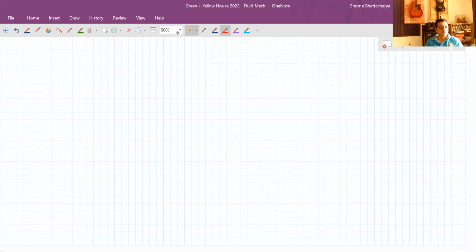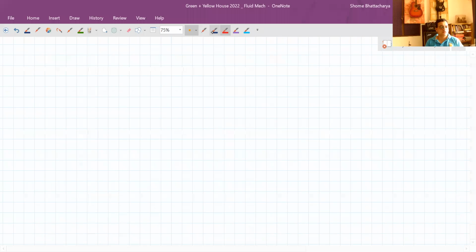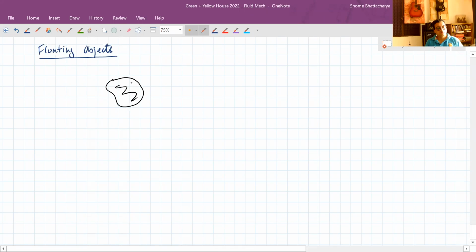Done, sir. Now let's look at the application of this in floating objects. So a floating object is very simple. It's one which is able to balance its weight because of the buoyant force and therefore not sink. The buoyant force acting on it must be balanced by its weight.